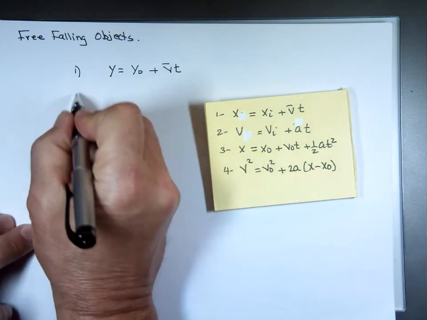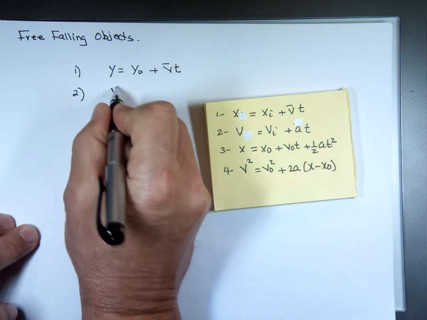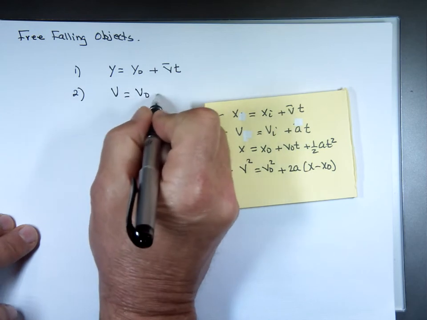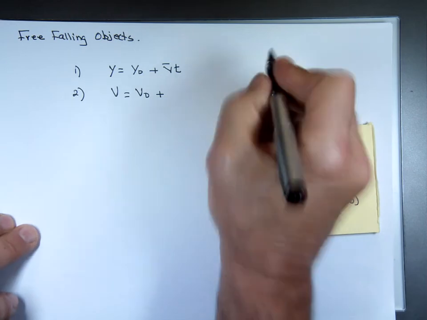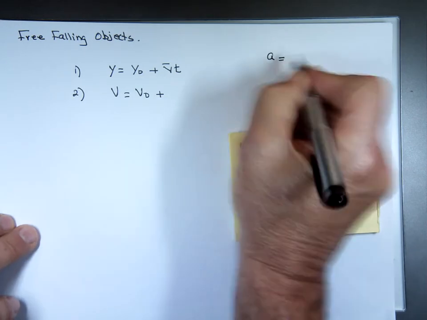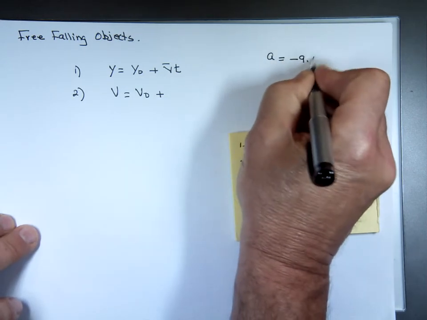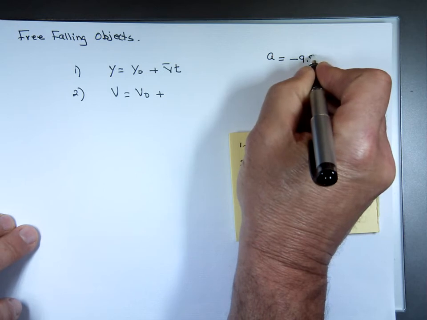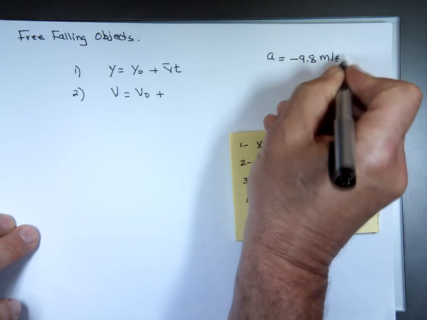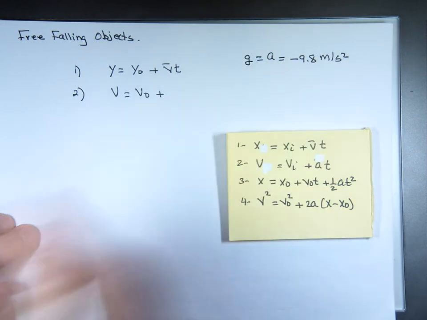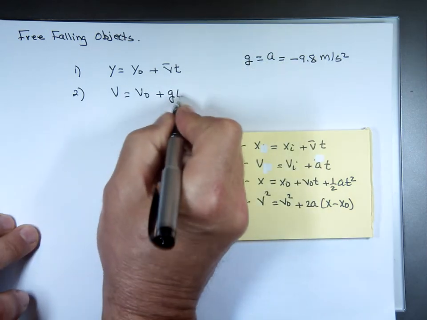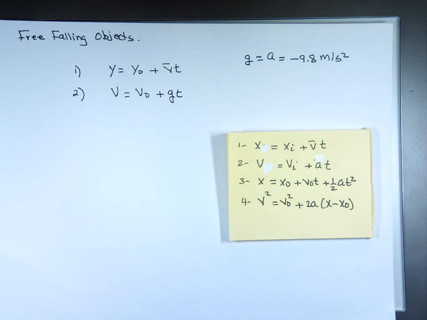Second equation, v equals v0 plus... Remember, the acceleration for gravity is what? Negative 9.8 meters per second squared. And instead of a, they might use g. So they'll use the letter g, which is the acceleration. That's gravity.